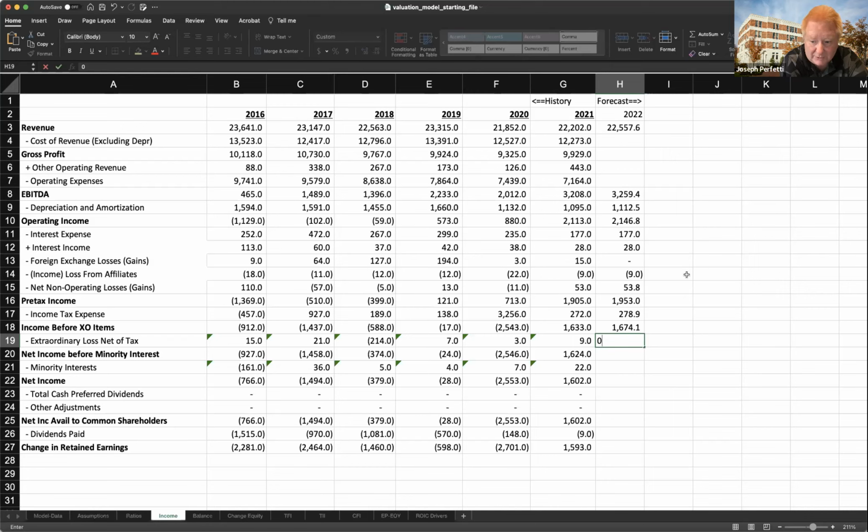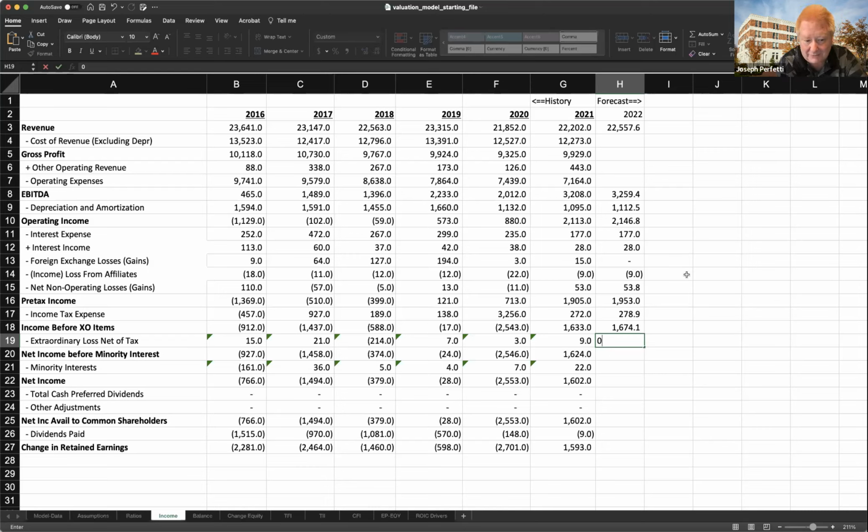So therefore, 0. Now it's ironic that Nokia has had extraordinary items every single year for the last 6 years. That starts to look suspicious because if extraordinary items are supposed to be non-recurring and you seem to have them every year, are they really extraordinary items or are they really just a normal part of your business, right? That would be an interesting question to look at for Nokia.